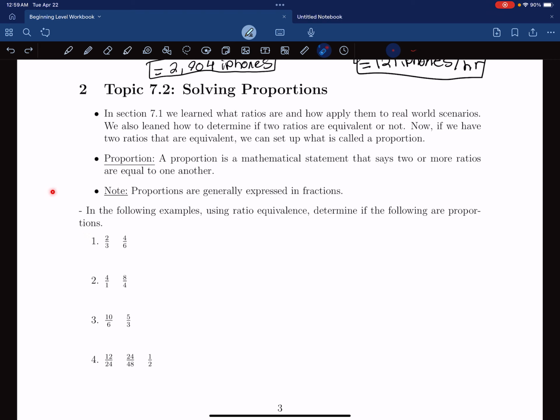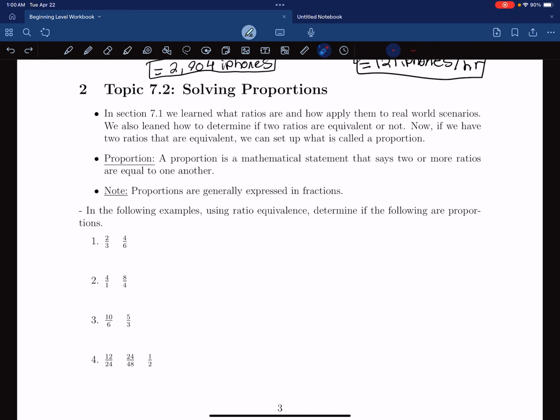Now recall what the definition of a proportion is. So remember, a proportion is a mathematical statement that says two or more ratios are equal to each other. So what we're doing here, basically, is determining if these two given ratios are equivalent. And if they are equivalent, then they are proportional, essentially.